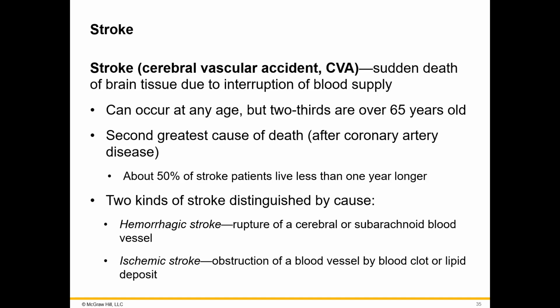What are the similarities between hemorrhagic and ischemic stroke? They are both disruption of blood flow to the brain.